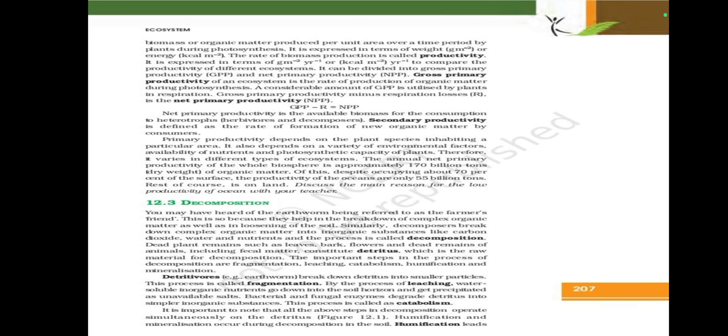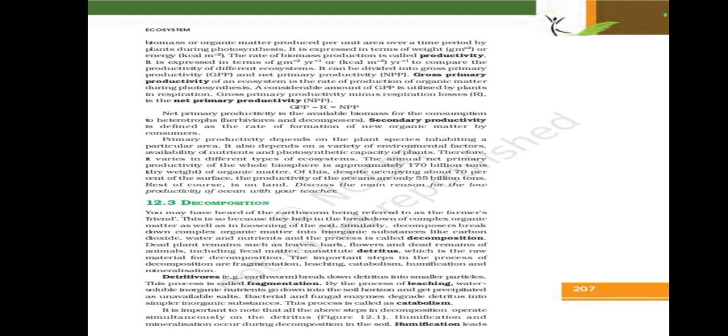It is expressed in terms of weight, gram per square meter, or energy, kilocalorie per meter square. The rate of biomass production is called productivity. It is expressed in terms of gram per square meter per year or kilocalorie per meter square per year.